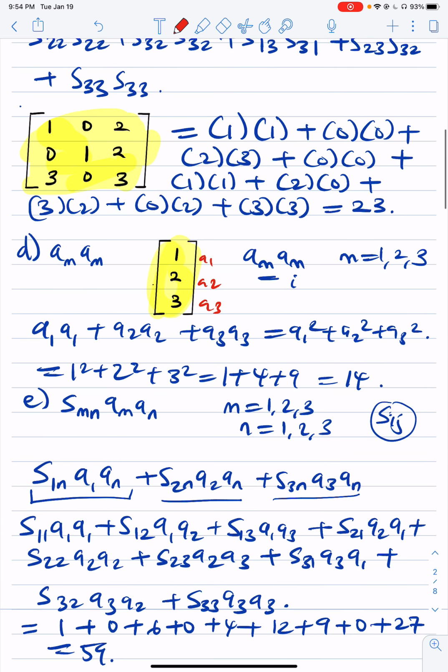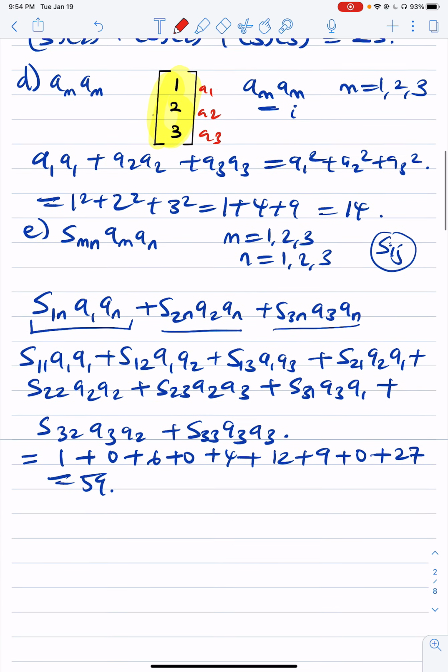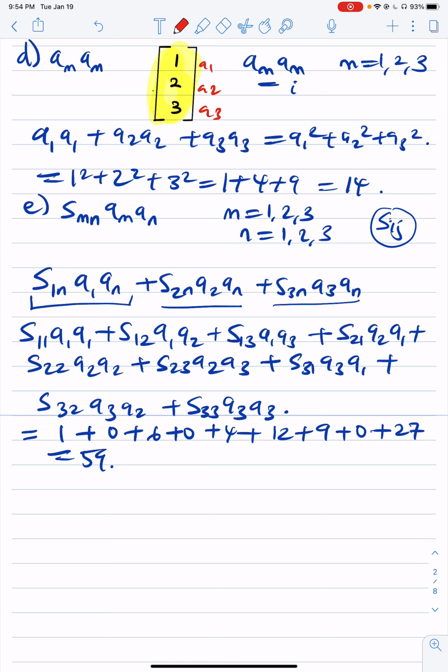And here, if you look at this one closely: S11, S21, S31, S12, S22, S13, S23, S33, S32. So that's just it. Now this is clear.